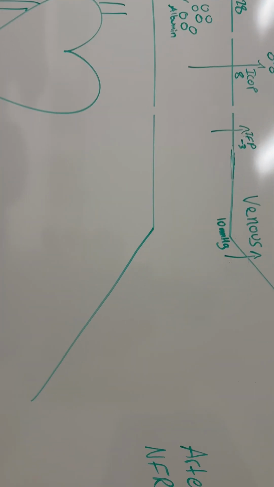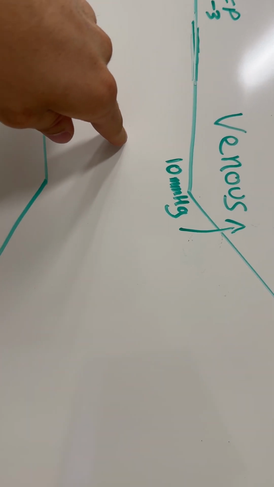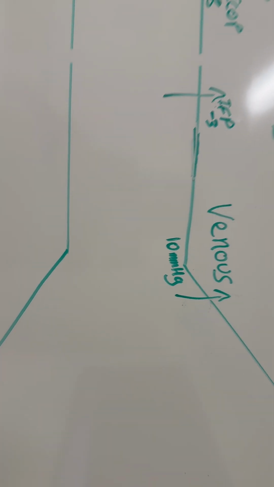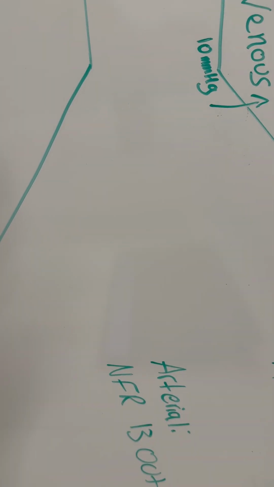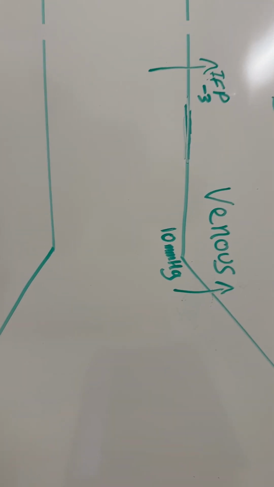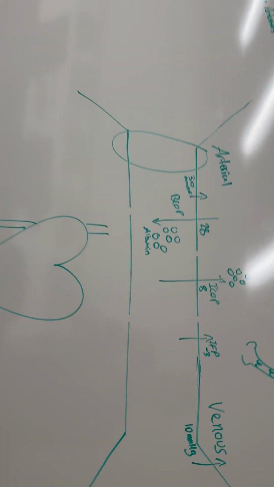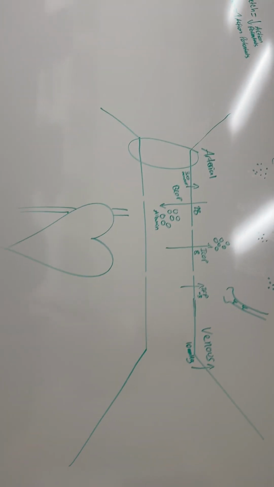What that's going to do is increase the hydrostatic pressure on the venous end, which is going to cause more fluid to leak out into the alveoli of the lungs. And we're going to have pulmonary edema from that.